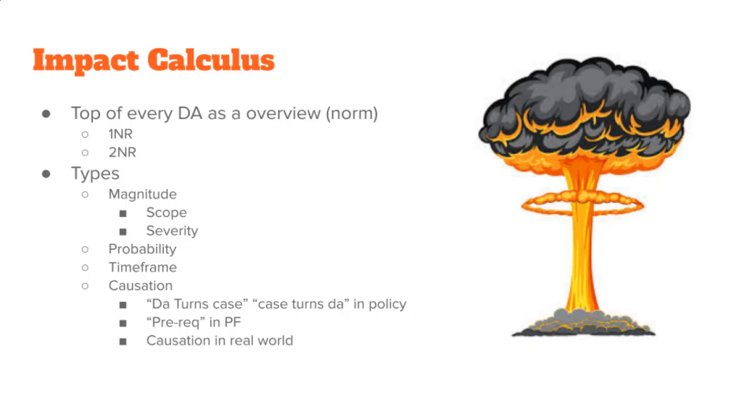Cool. Causation. This is ultimately the most important one. It is finally PF is learning it's super important in PF. In policy, it's absolutely essential. And so this also ultimately gets called DA turns case, turns DA, or case contains DA.